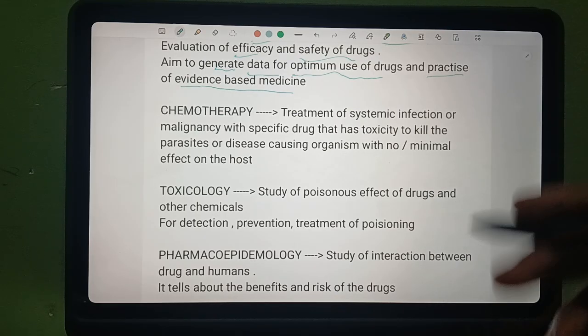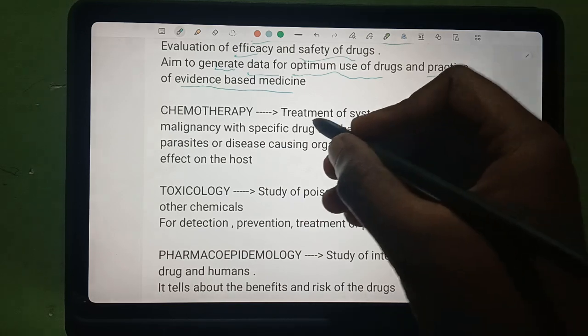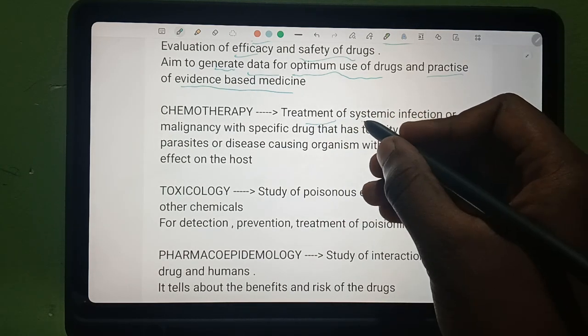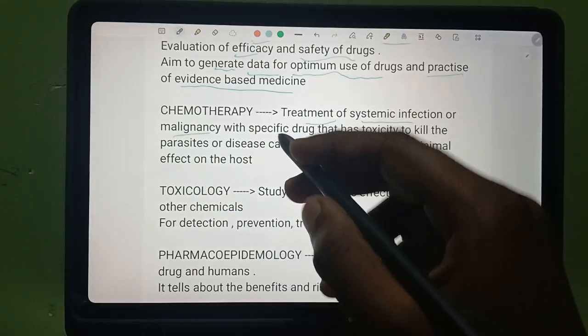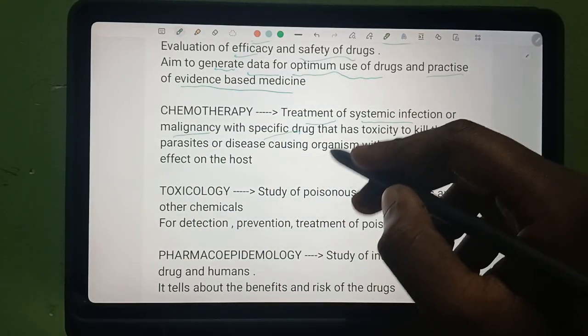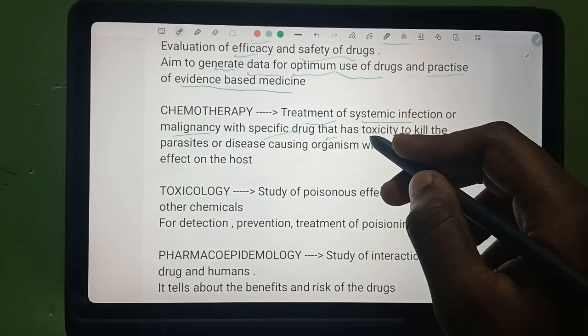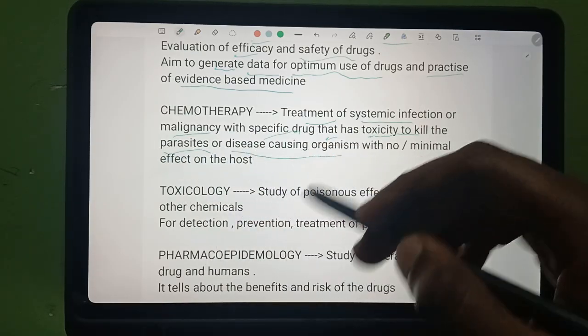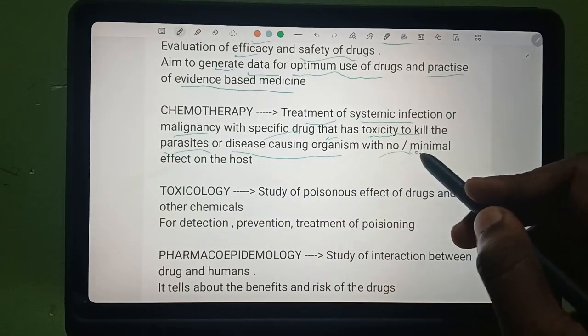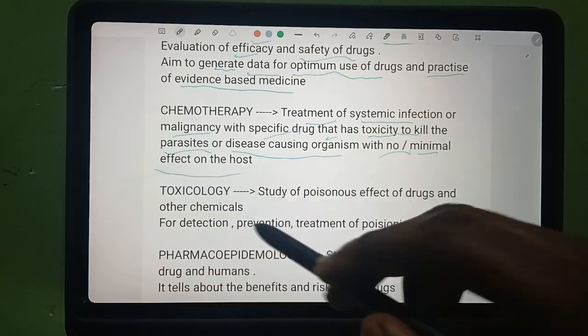Coming to that, it is the treatment of systemic infection or malignancy with a specific drug that has toxicity to kill parasites or disease-causing organisms with no or minimal effect on the host.